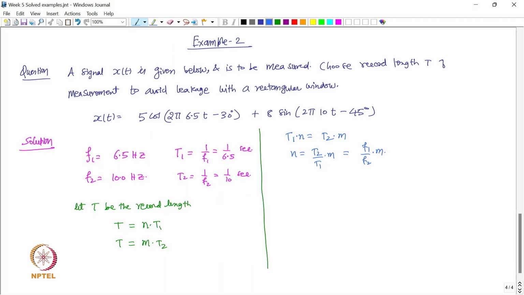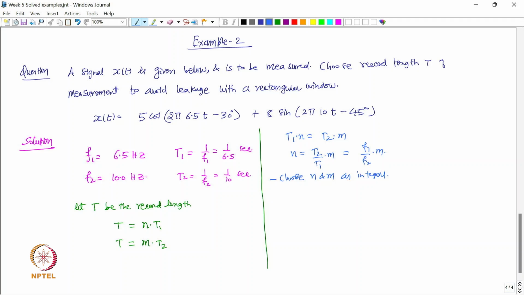So, we have to choose n and m as integers, that is important.